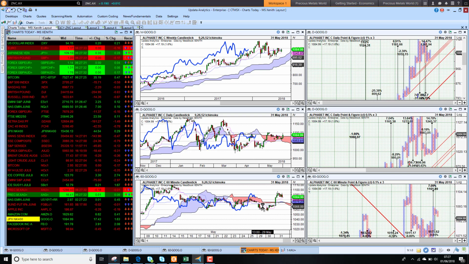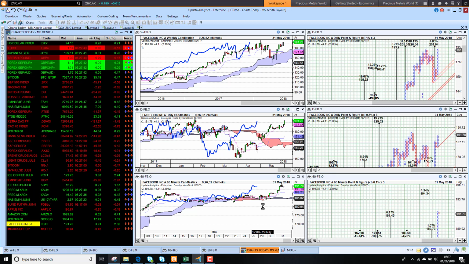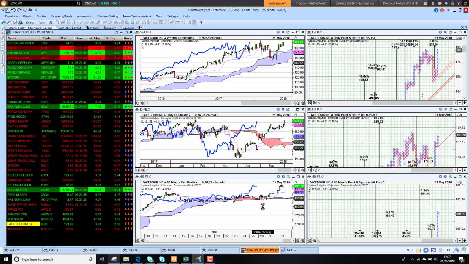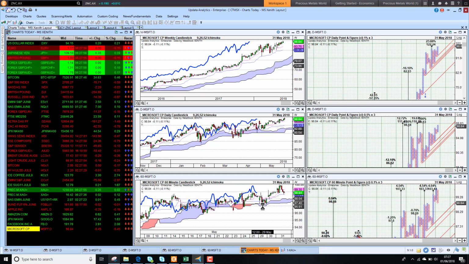And Facebook actually did make it above the 190 level for the first time. So we are seeing the Nasdaq stocks generally did better, and Microsoft just nudging this $100 level, sitting at 98.84, was down very slightly yesterday, just waiting for that breakthrough.